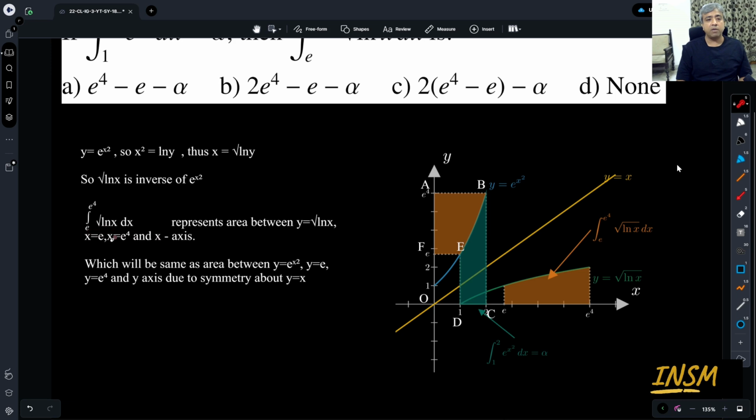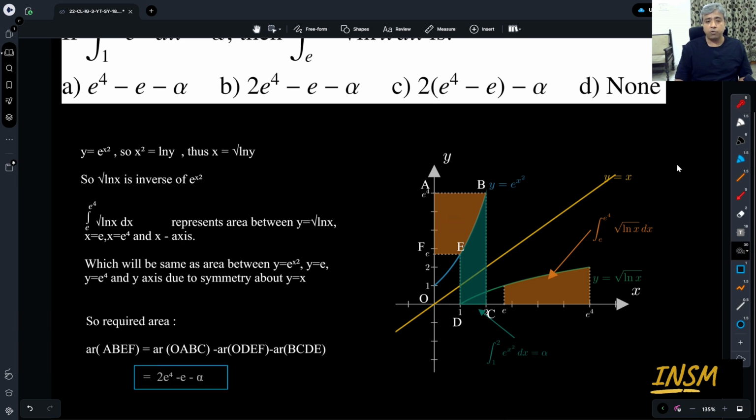The integral of root log x represents this area, as we saw, and this area would be the same as the area between e to the power x squared, y equal to e to the power 4, and the y-axis. So we have to find this area ABEF. This saffron colored ABEF is the required area.